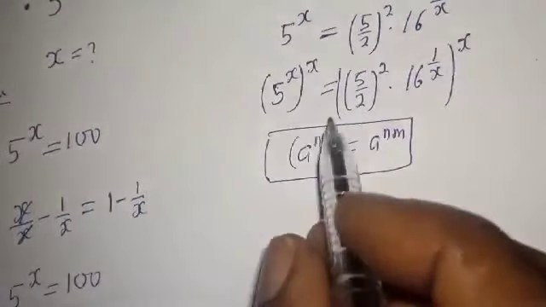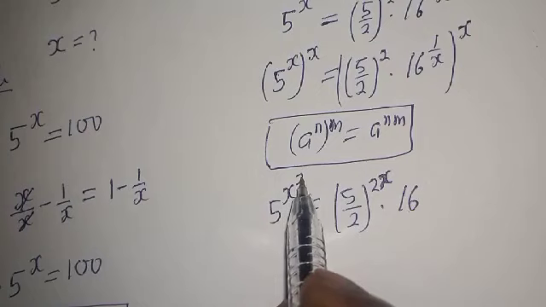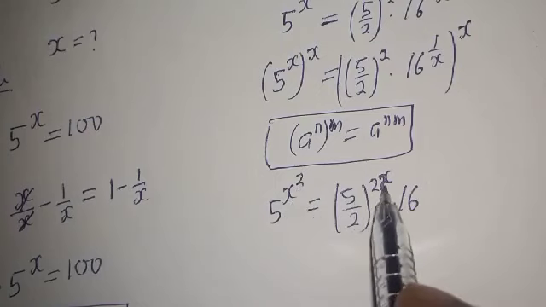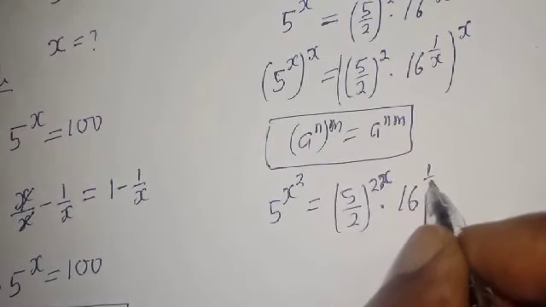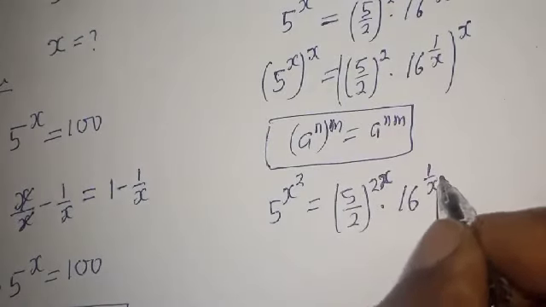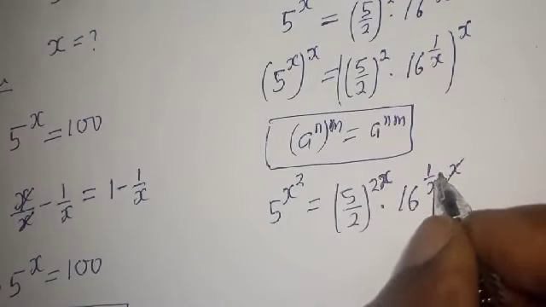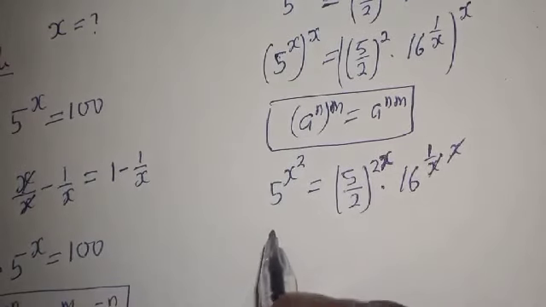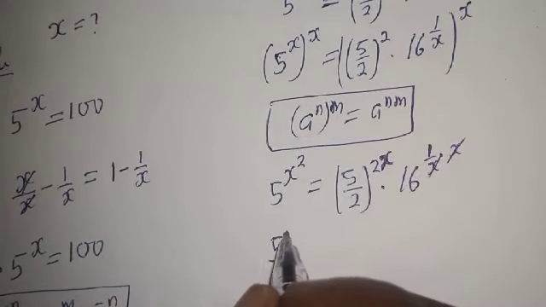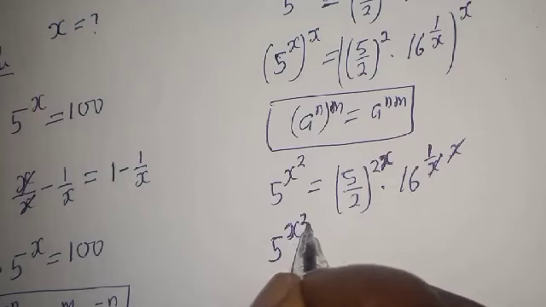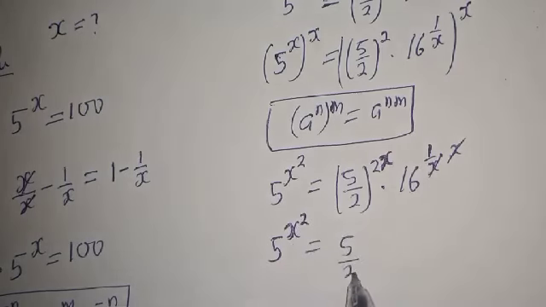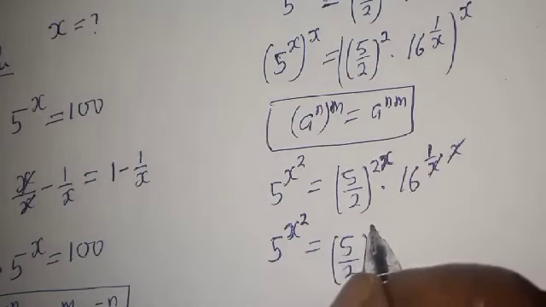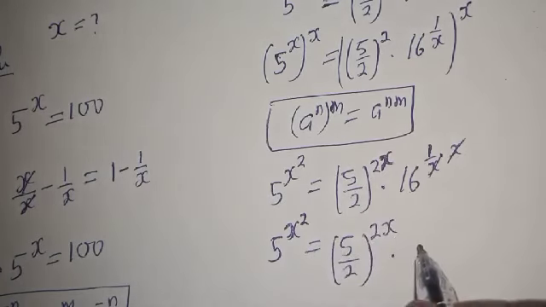Then this can be written as 5 raised to power x squared is equal to 5 over 2 raised to power 2x multiplied by 16 raised to power 1 over x multiplied by x. This will cancel this. We have 5 raised to power x squared is equal to 5 over 2 raised to power 2x multiplied by 16.